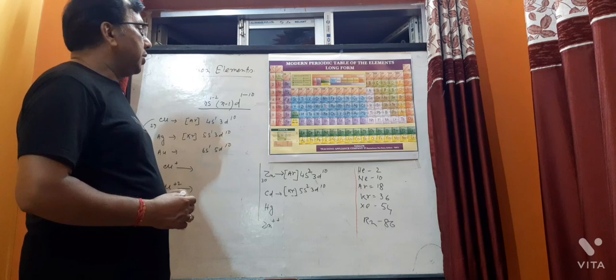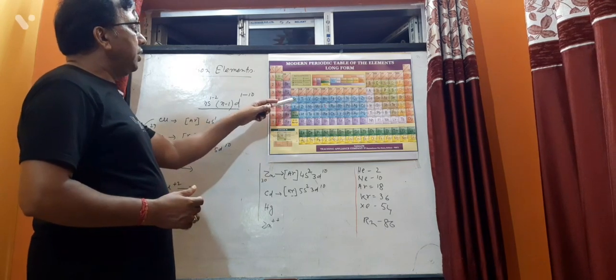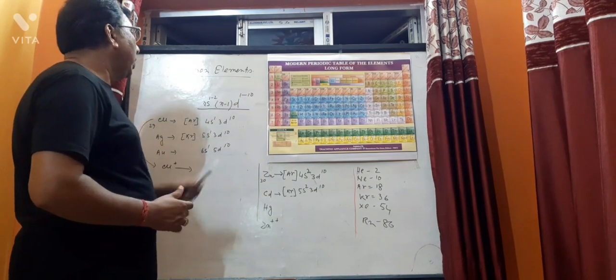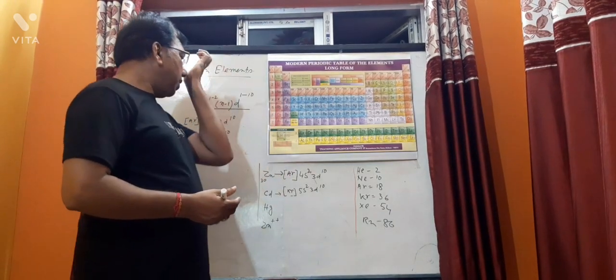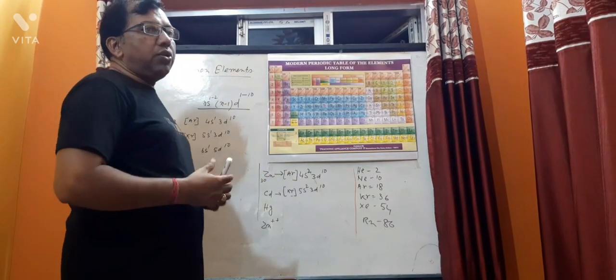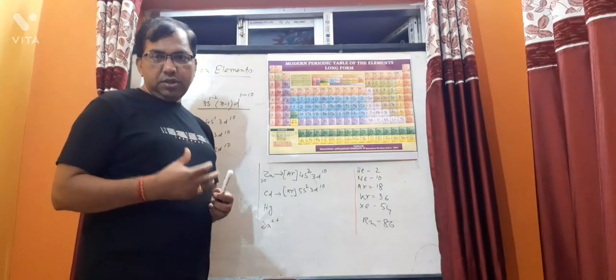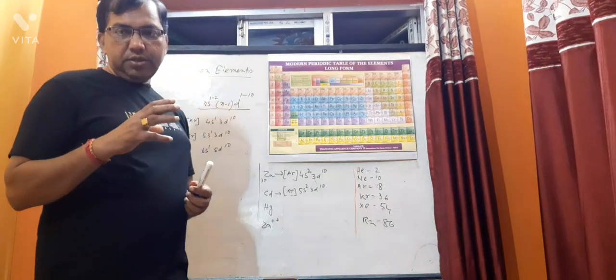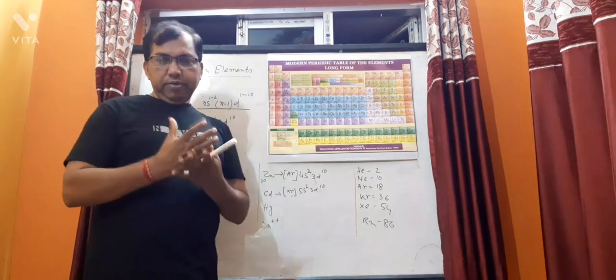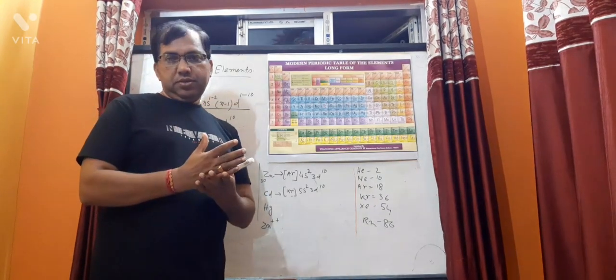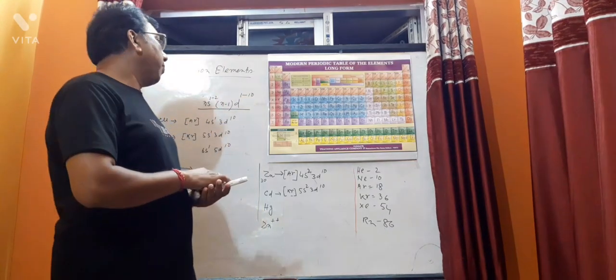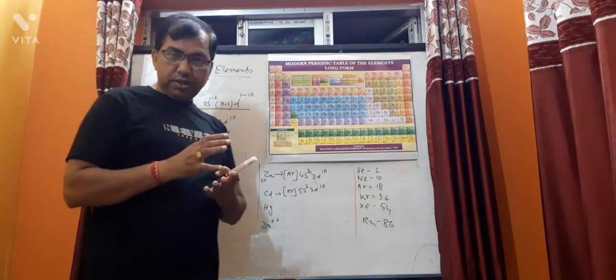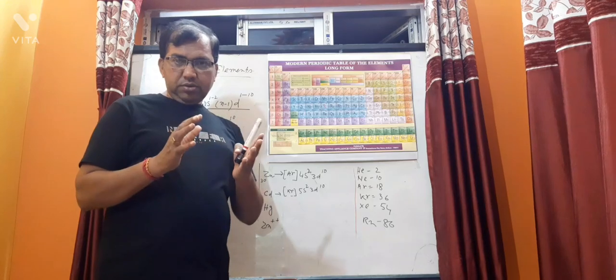What is the definition of transition elements? Why are they called transition elements? You must remember that transition elements are those whose d orbital is partially filled in the ground state or excited state or oxidation state, anyone.